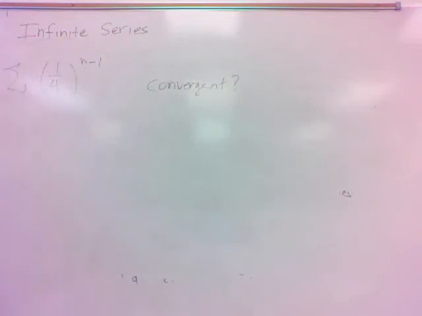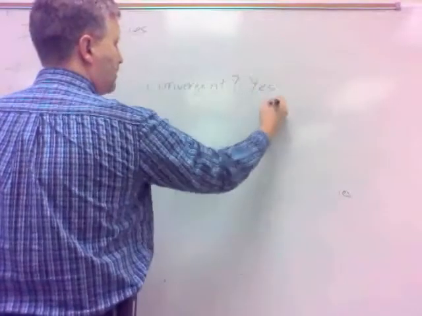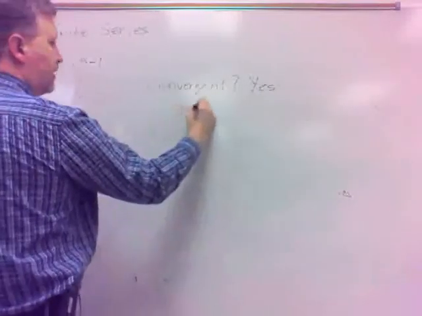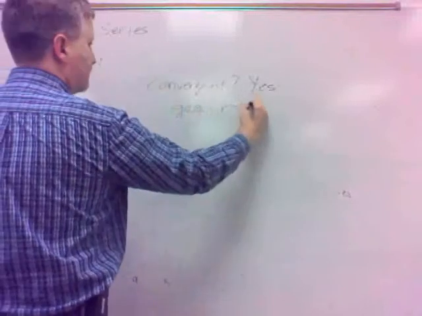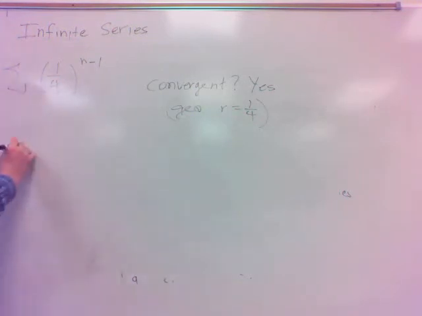Why is this one convergent? It's geometric. R equals 1/4. And I'll go ahead and make this point: when you tell me something converges, tell me why it converges. And that's a good enough reason right there. Geometric, R equals 1/4. Yes, this is convergent. All right, what is it convergent to? What is the actual value?